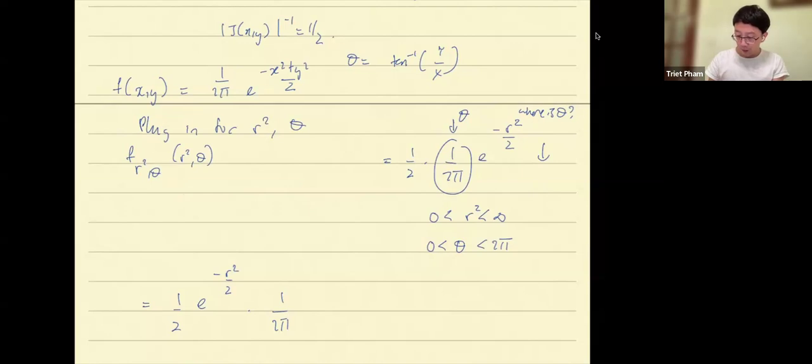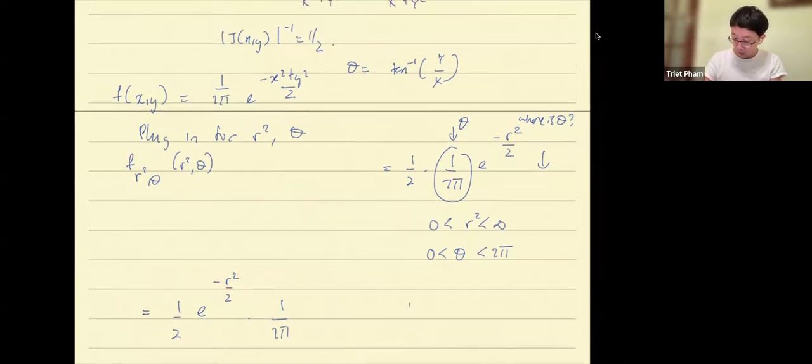So the point is that if you look at this function in terms of r squared and theta, you see that r squared should be looked at as one single number, it's like e to minus some number u over 2. So that's why it's an exponential 1/2 random variable.